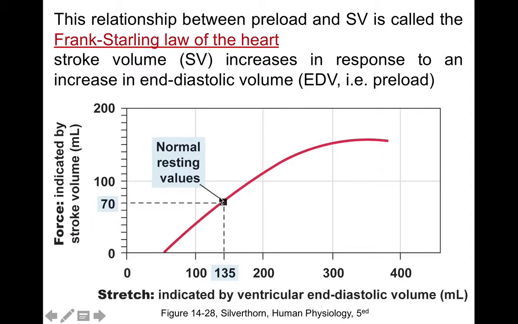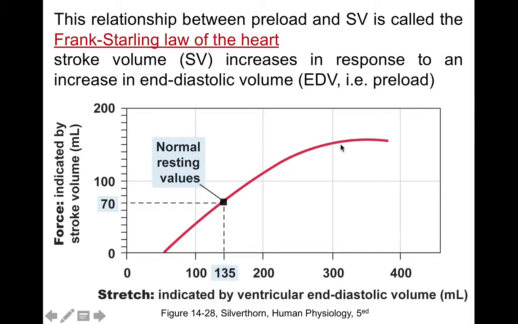So stroke volume increases due to increased force. You can see at this normal resting value, we have 135 milliliters end diastolic volume, which equates to about 70 milliliters stroke volume. Then when we increase the filling of the heart, we're increasing the stroke volume and the force being generated. Now obviously the heart cannot keep doing this indefinitely.